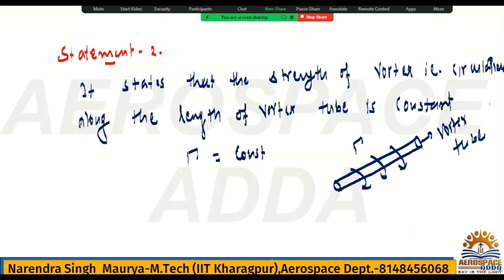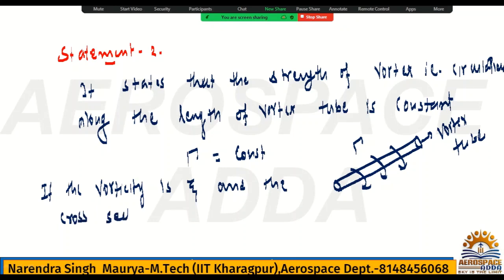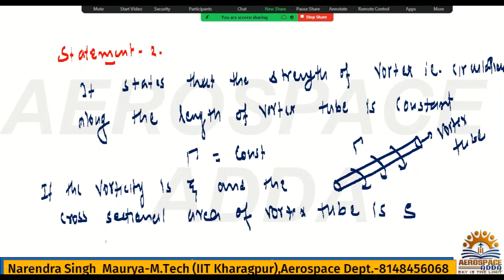Okay. Now, what is the magnitude of it? We can say that if the vorticity is zeta, and the cross sectional area of the vortex tube is S, then what will be the circulation?